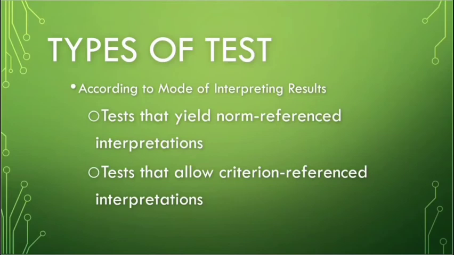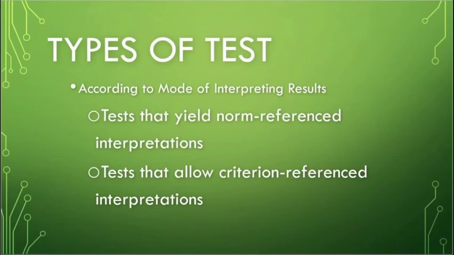While for the other classification, the testing that allows criterion reference interpretation, this describes students' performance using an agreed or pre-established criterion or level of performance. For example, if you are using a rubric, the expectations are written in the rubric.